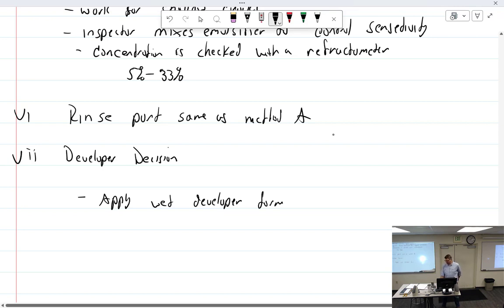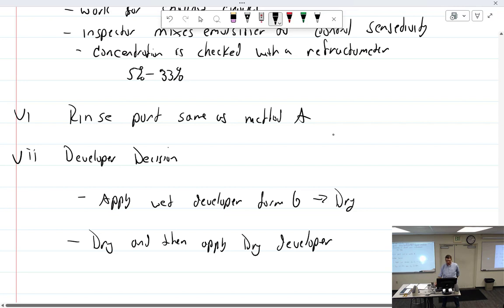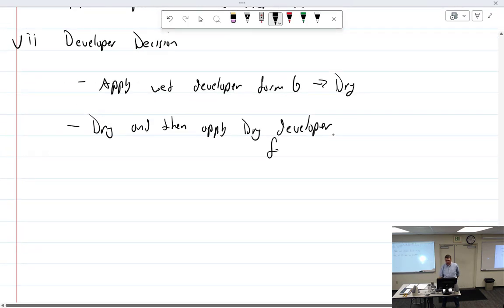Which one is soluble? B. So form B, and then dry. Or we're going to dry and then apply dry developer, which is form A or D, E.